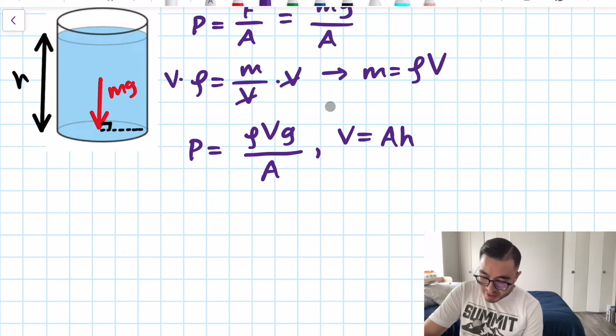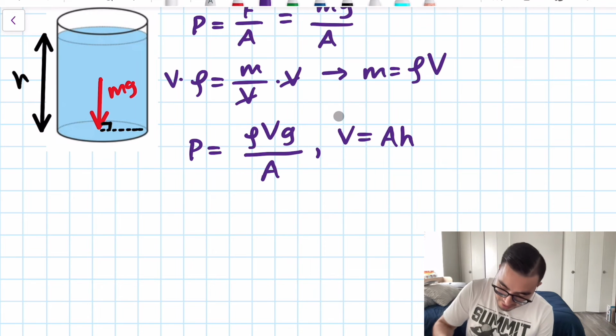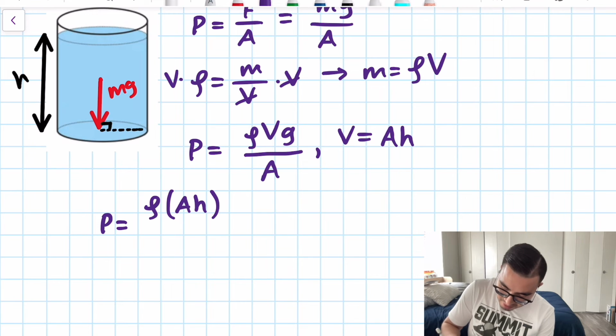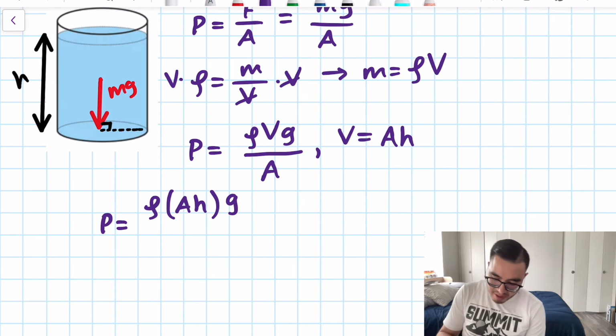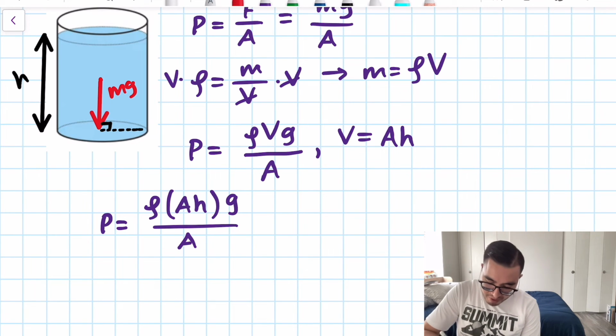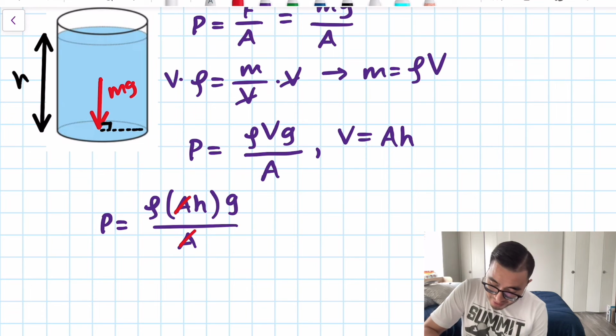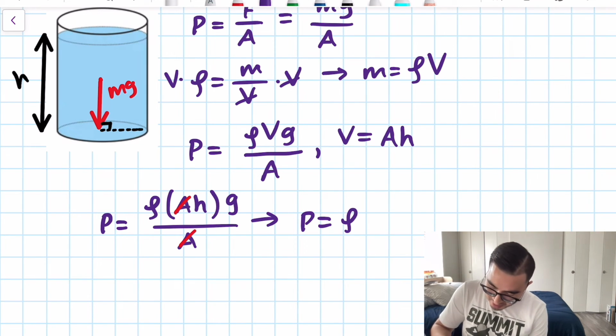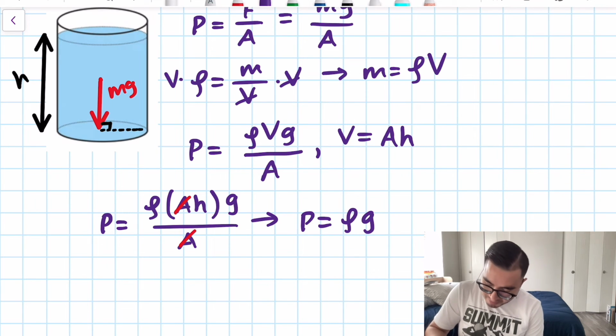So now I'm going to combine these two, and then I'll have pressure is equal to density times volume, which is area multiplied by height, times acceleration of gravity divided by the area. Notice that the area will cancel, and now we have a second definition of pressure. Pressure is equal to rho, density, times acceleration of gravity, times h.